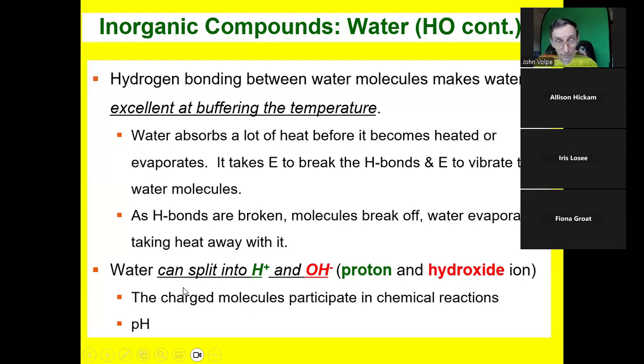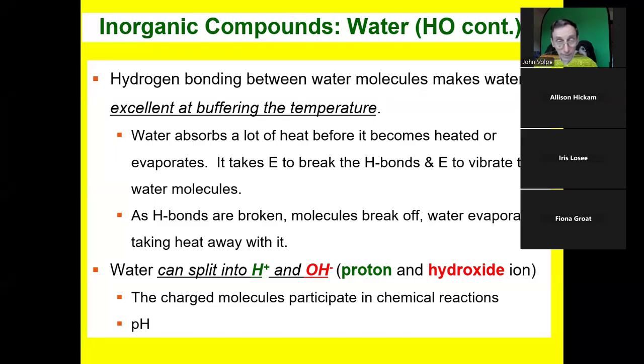On the surface of the sun, there's enough energy, a high enough temperature, to actually break water apart. But it doesn't totally break apart on the planet Earth unless you put electrons in the water and then you get electrolysis. And we're not really going to talk about electrolysis.